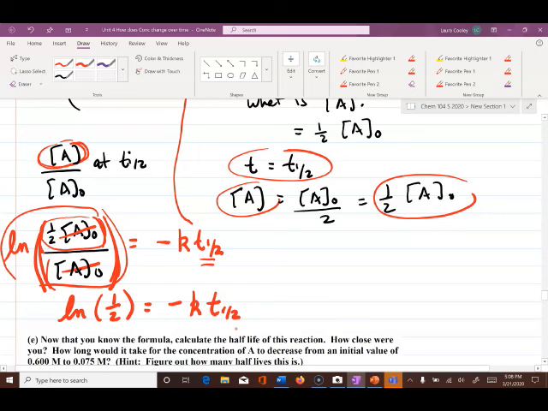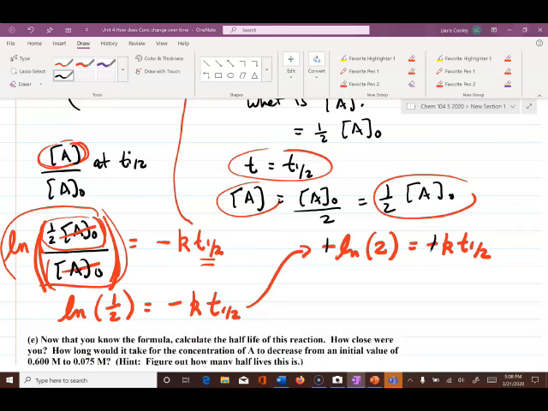And here's another clever thing about logs: the natural log of 1/2 is the negative of the natural log of 2. So that's equal to minus k T1/2, and now I can cancel. Believe me, you don't have to know how these things are derived. You just need to be able to use the formula. Did I do that right? What is the log of 2? I need my calculator.